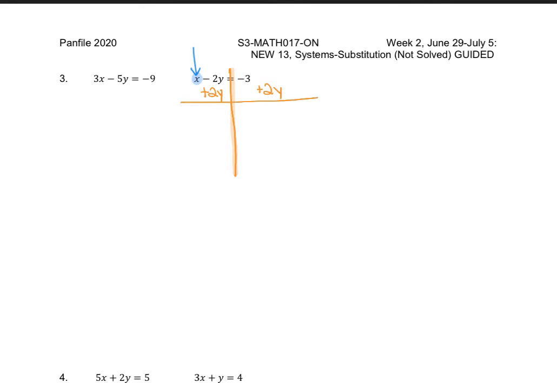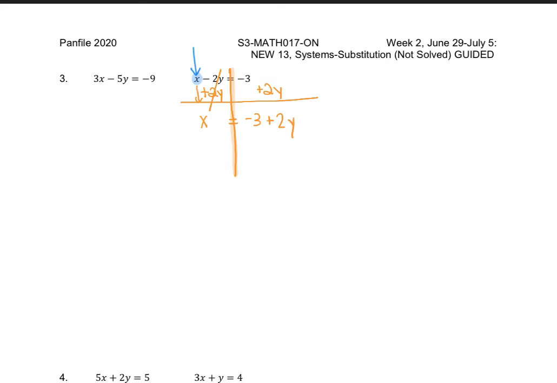Now, just like when I was solving for y, notice that when I add 2y to both sides, I don't add it directly below that negative 3. I scoot it out, because when I scoot it out, they're not like terms on the right side. So they zero out on the left. I bring down that x, and I get x equals negative 3 plus 2y.